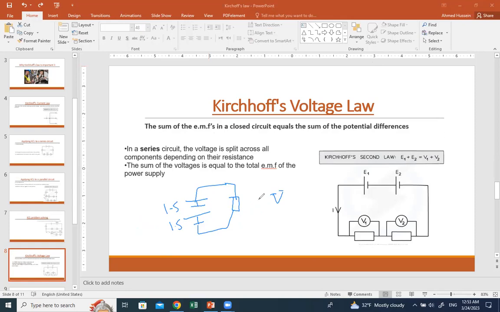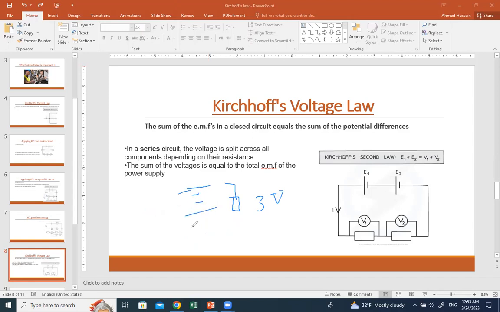But the tricky part: what if the cells of the battery are not pushing in the same direction? Let's examine another example. If we have, for example, 3 cells in a battery here, this is 1, this is 2, and this is 3.